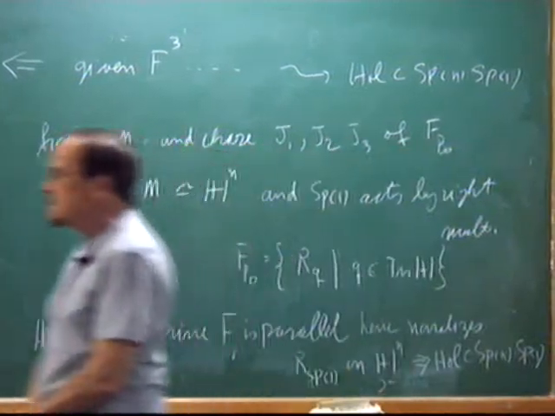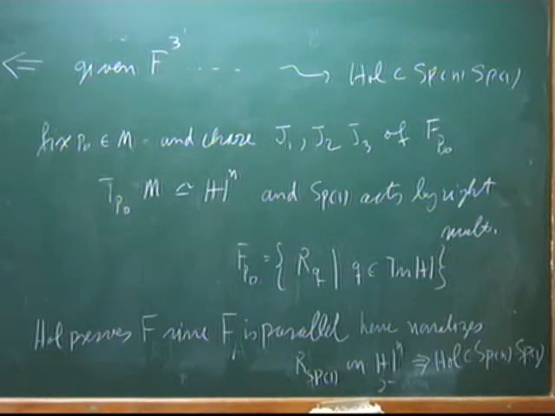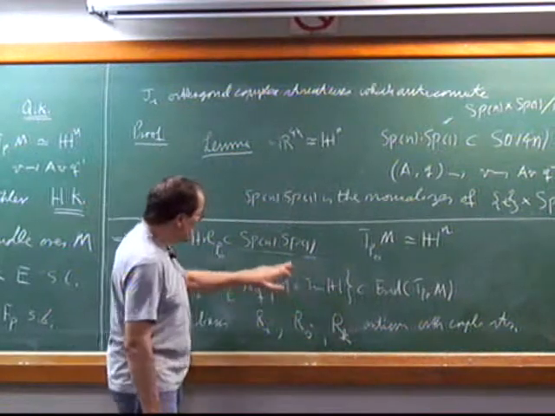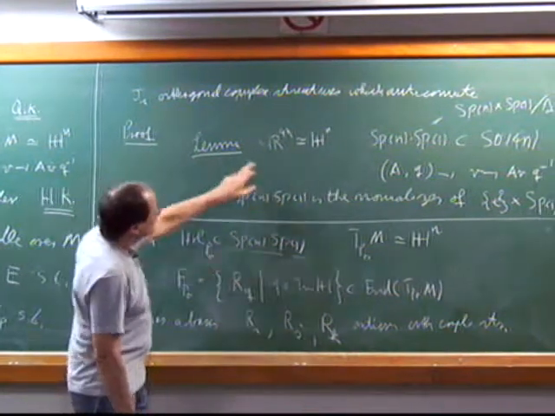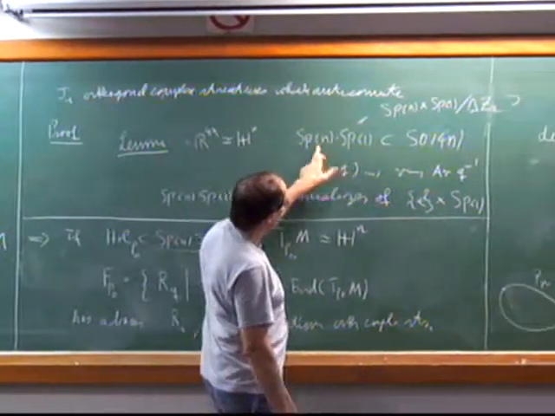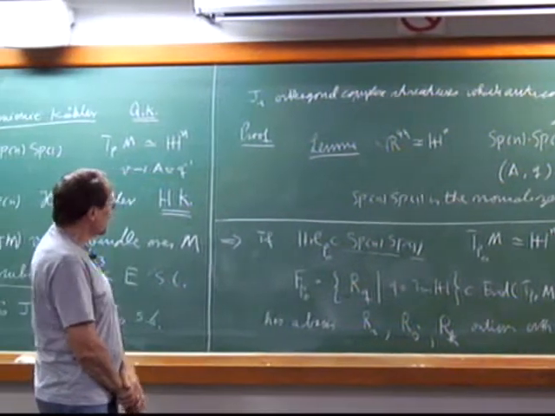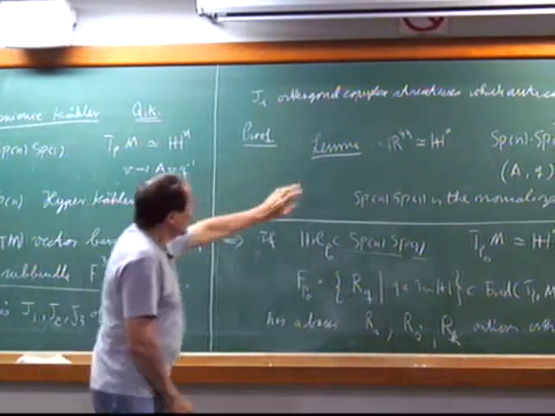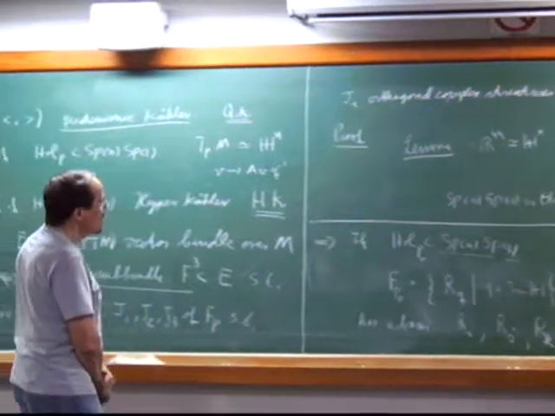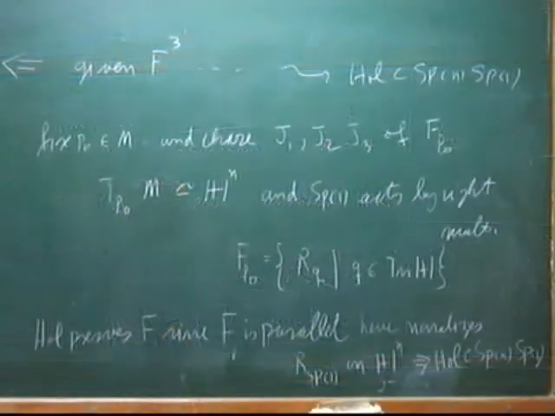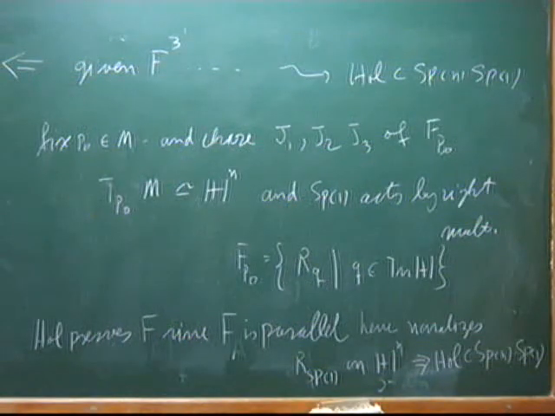Because this lemma says that the full normalizer of the right translations here is Sp(n)Sp(1), so it's contained in there. So that's it. This whole thing is based on this simple fact about Lie groups. Okay, so that's a nice characterization of quaternion Kähler.